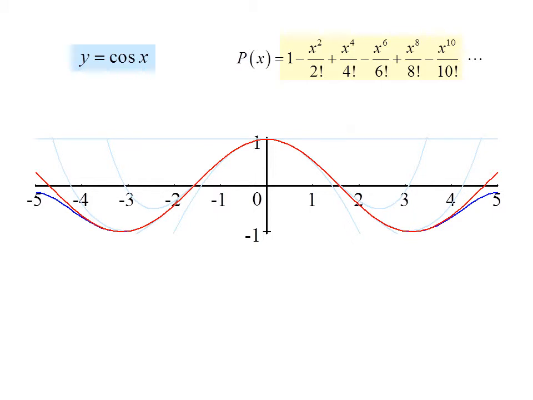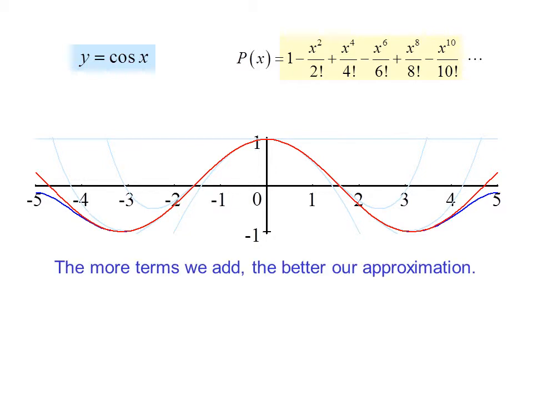So here we see with 6 terms of our power series approximation, the approximation, which is the blue curve, matches the original function, which is the red curve, very closely from x equals negative 3 to x equals 3. The more terms we add, the better our approximation.